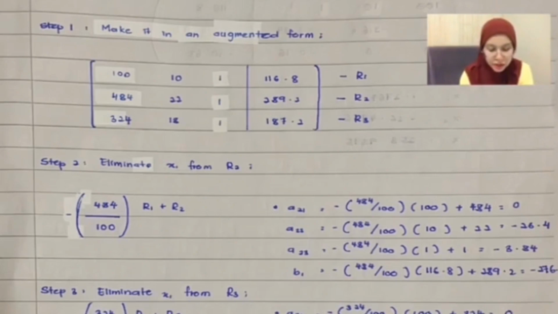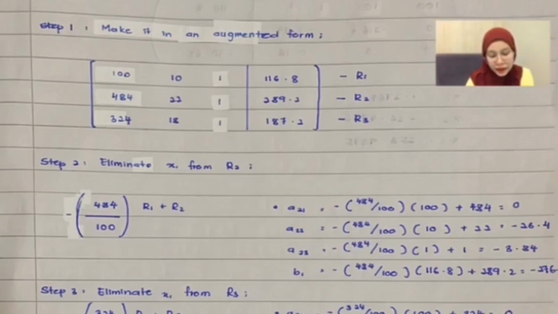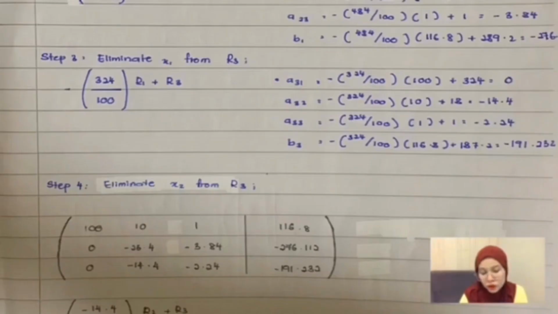Next, A23 equal to minus 484 over 100 times 1 plus 1, then we will get negative 3.84. And the last one, B2 equal to minus 484 over 100 times 116.8 plus 289.2 equal to negative 276.112. So for the next step, eliminate x1 from R3.